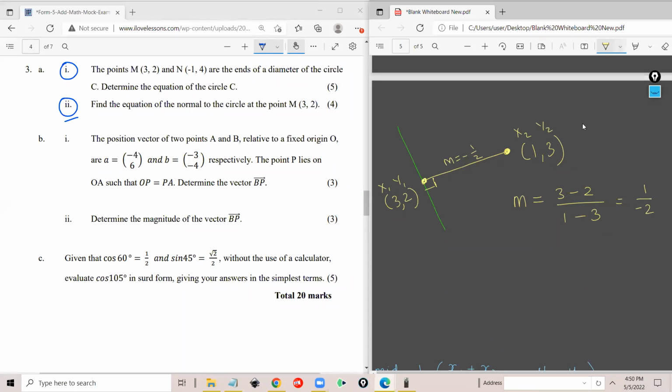As simple as that. If you flip it, you'll get minus 2 on 1, and then you change the sign, so it becomes positive. So the gradient of the green line is positive 2. Good. Sarah, you got the same answer.